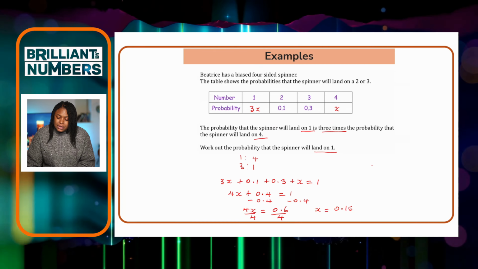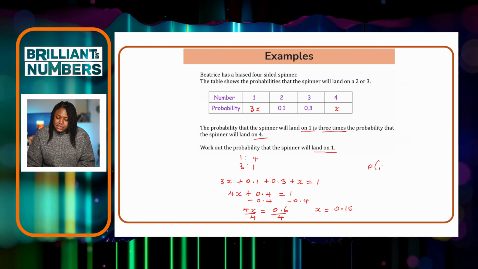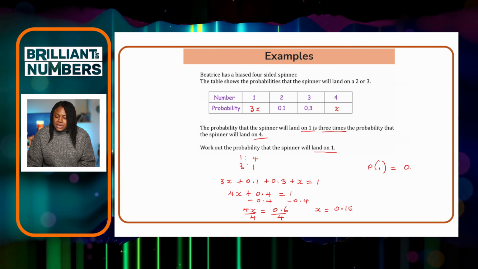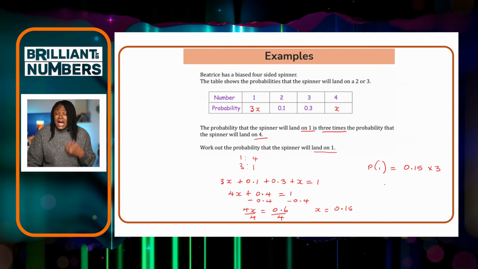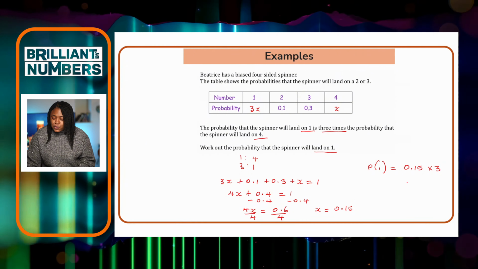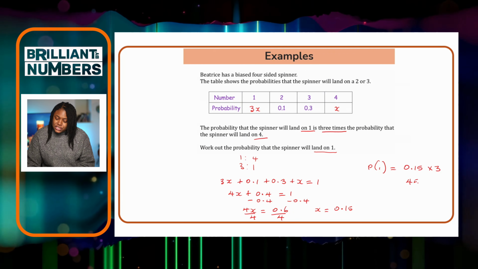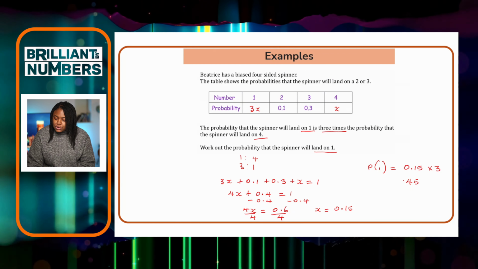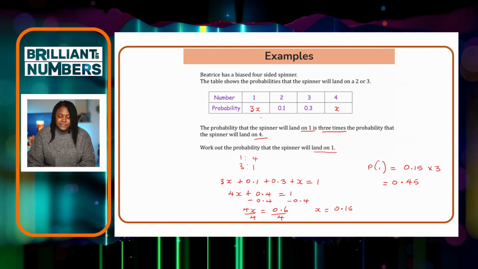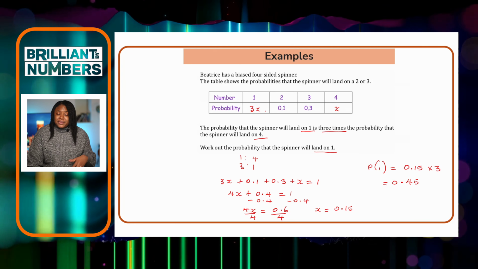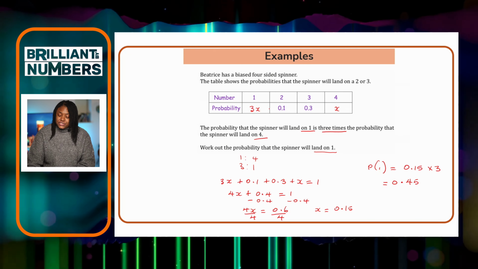So the probability of a 1 will be equal to 0.15 multiplied by 3. I know 15 times 3 is 45, so I should have 2 decimal places. Therefore, my answer is going to be 0.45. And I could have put that on my table if I wish to do so.